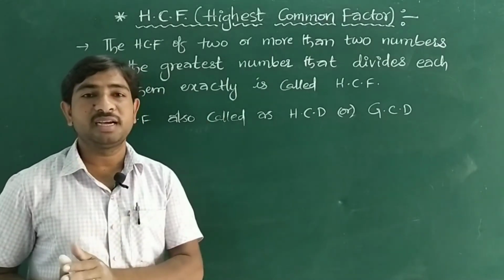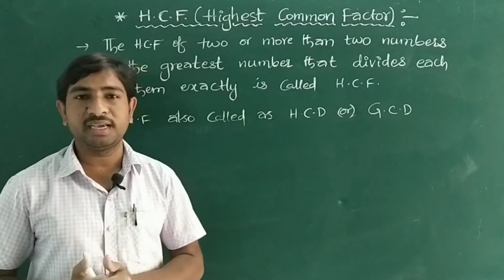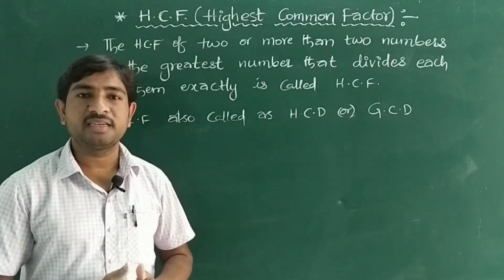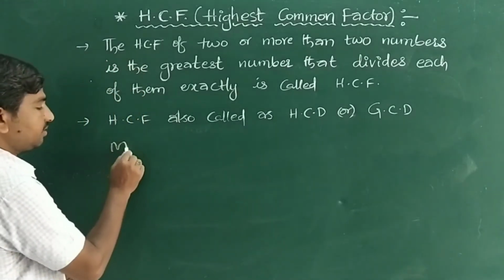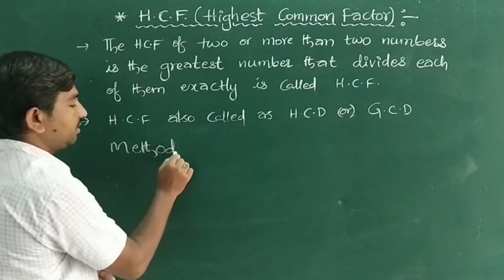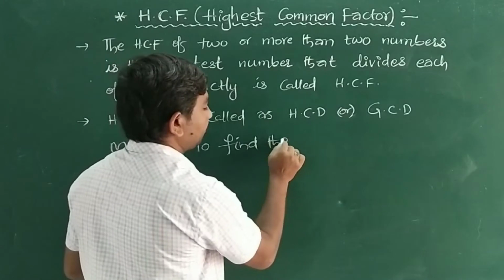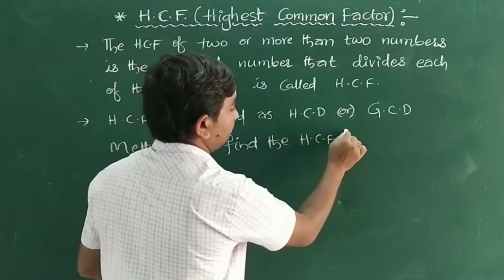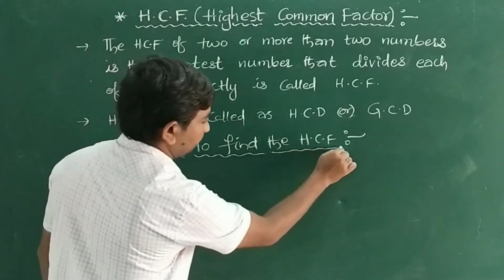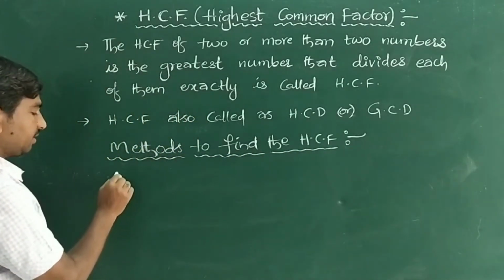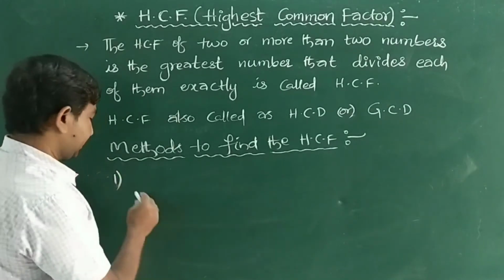Now see how many methods we have to find the HCF. Here we have three methods. The first one is writing the factors.